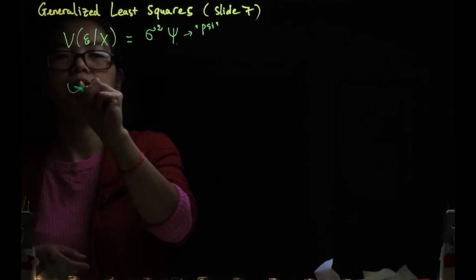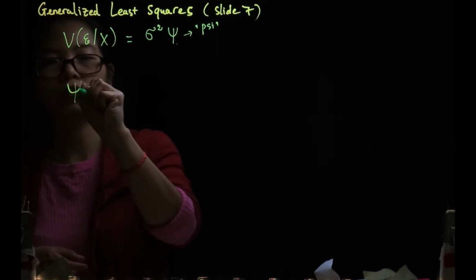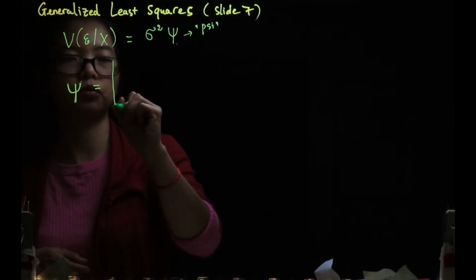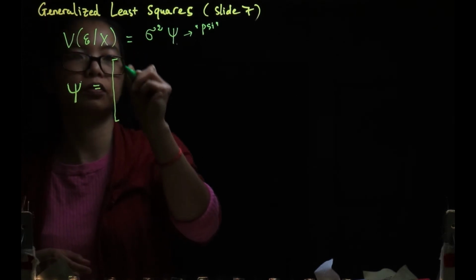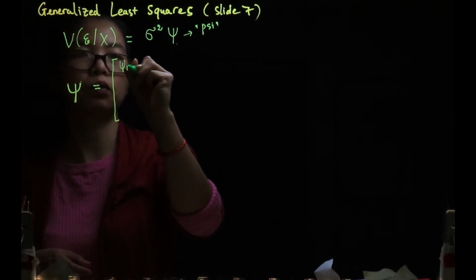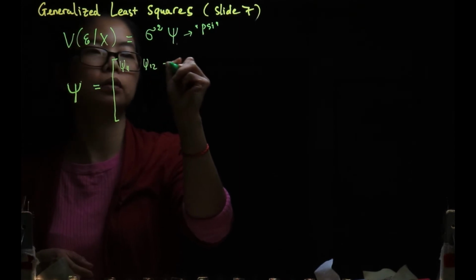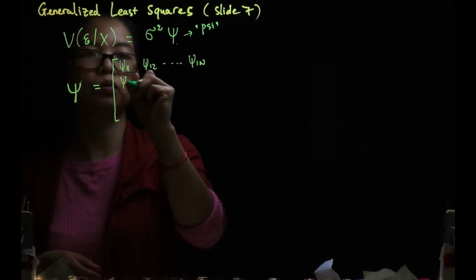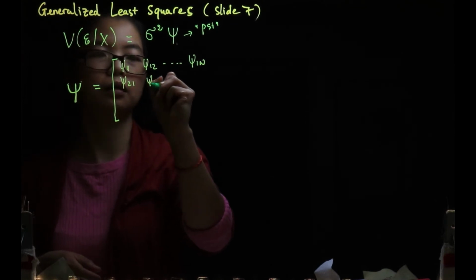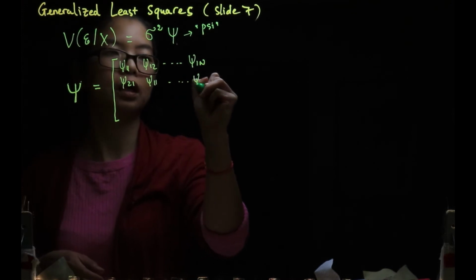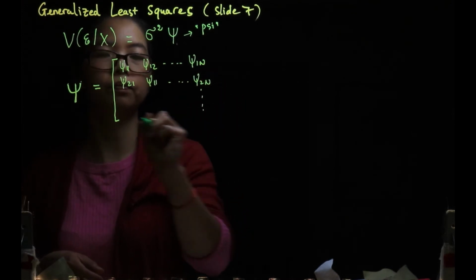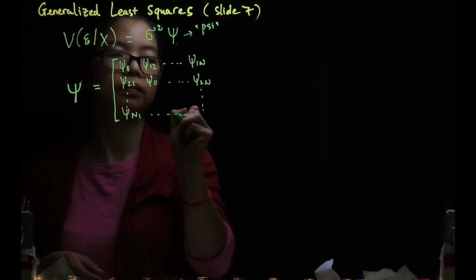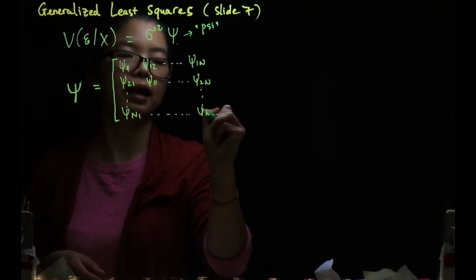Let's write it down so that you see that it's quite similar to what I showed you with the variance covariance matrix itself. So here we have psi 1,1, then psi 1,2, all the way to psi 1,n, and here is psi 2,1, psi 2,2, to psi 2,n, and so on, all the way to psi n,1, and here you have psi n,n.